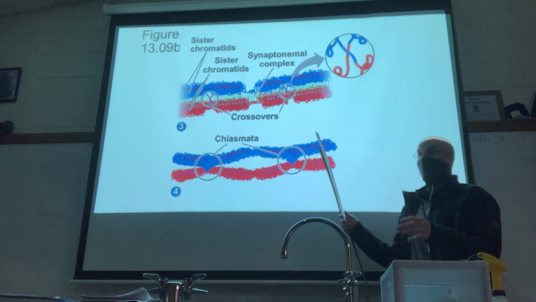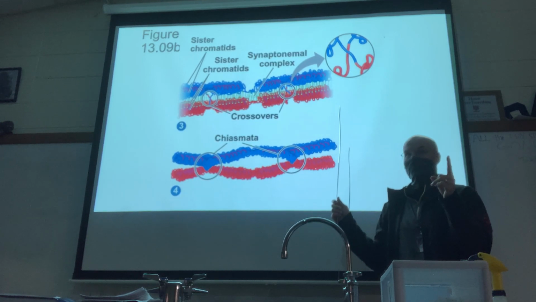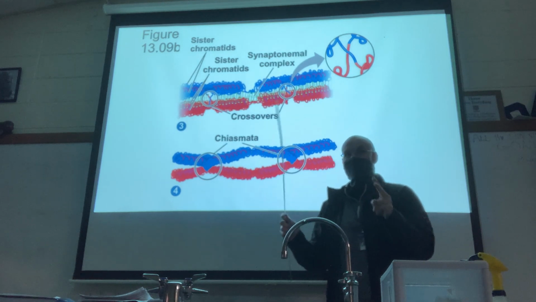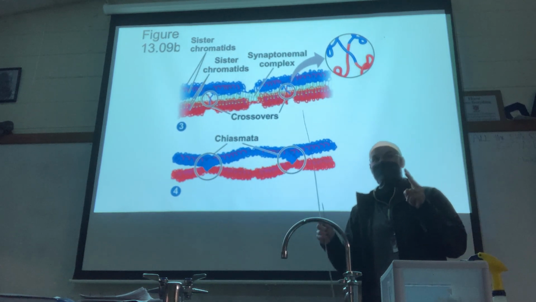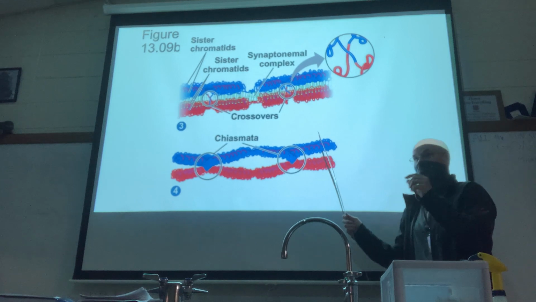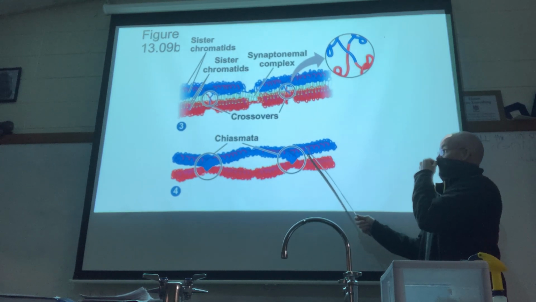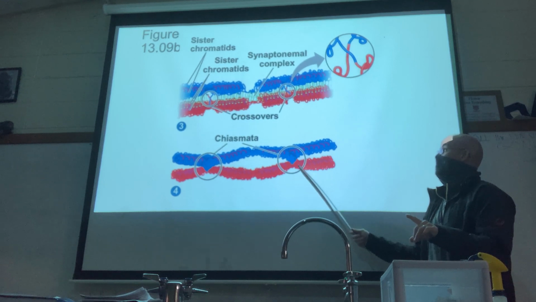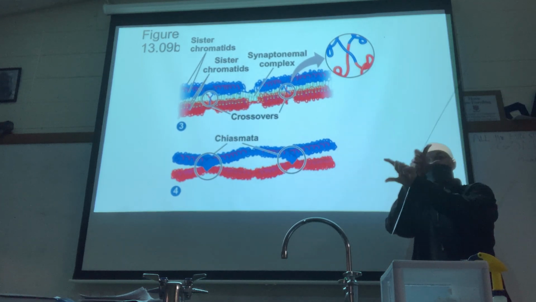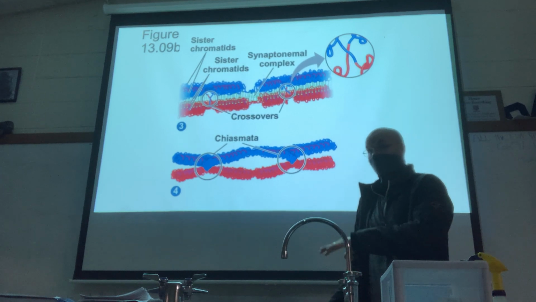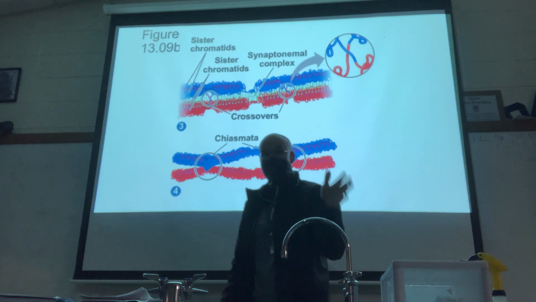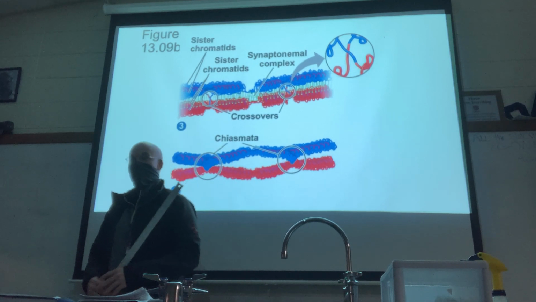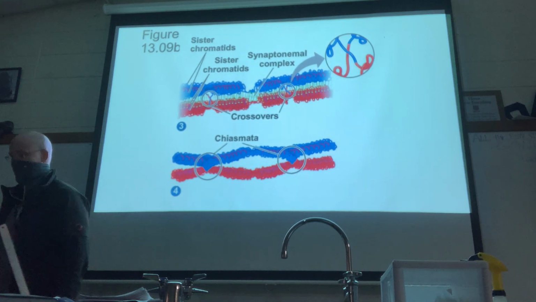So the chromosome your mother gives you and the chromosome your father gives you, anytime you make a sperm or egg cell, there is a chance that those chromosomes that match, when they pair up together in prophase 1, will exchange pieces of themselves and make a whole unique chromosome that has never been seen before. And then that chromosome will show up in one of your sex cells.